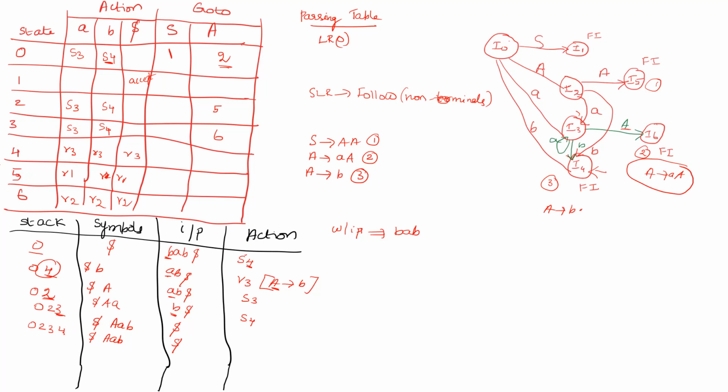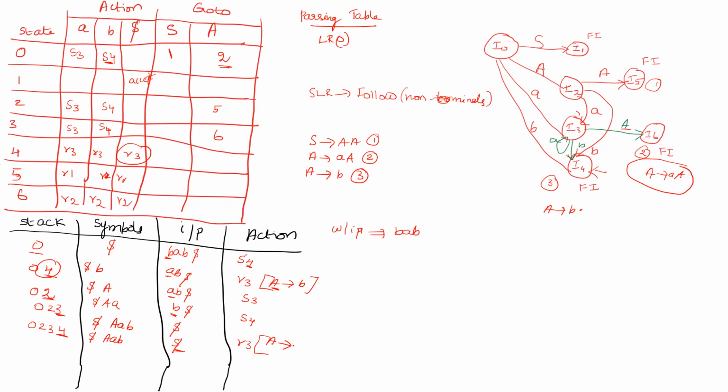When you check 4 on, sorry, 4 on dollar here, because we have only dollar. 4 on dollar is R3, that is the reduce operation. What is R3?